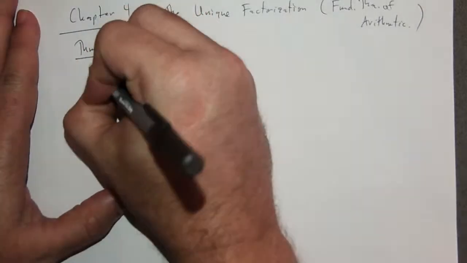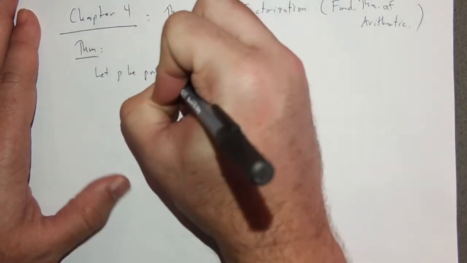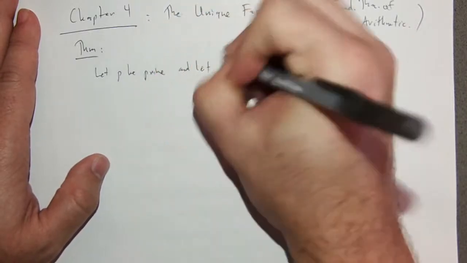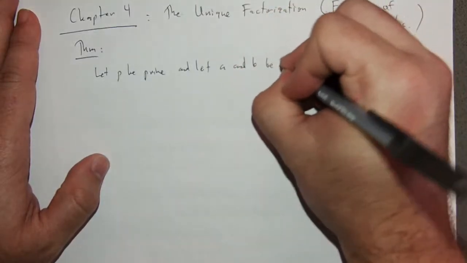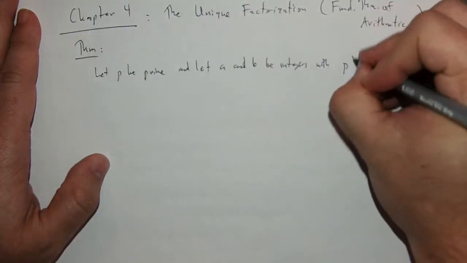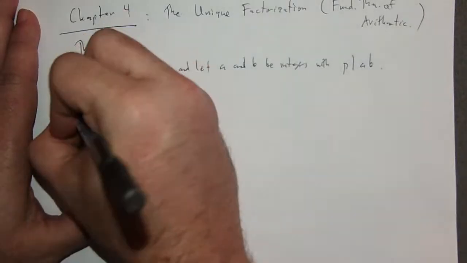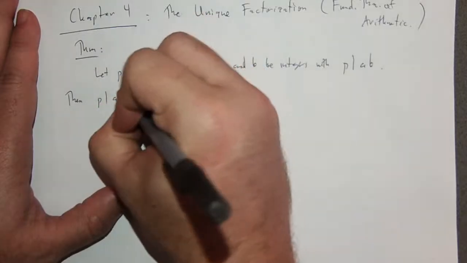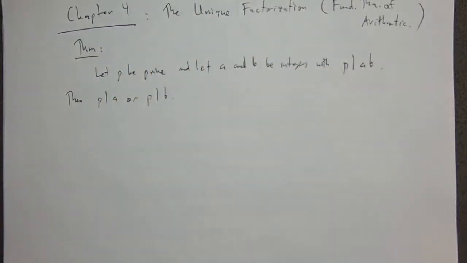Let P be prime and let A and B be integers with P dividing AB. Then P divides A or P divides B.